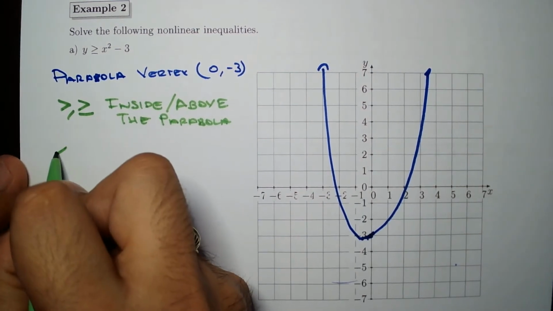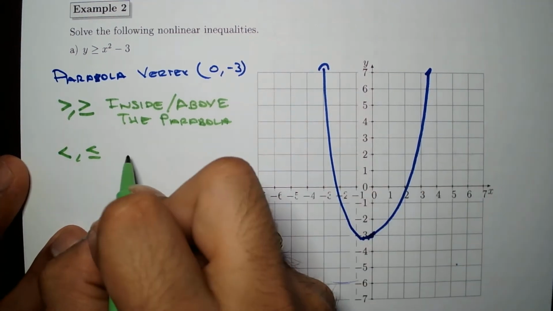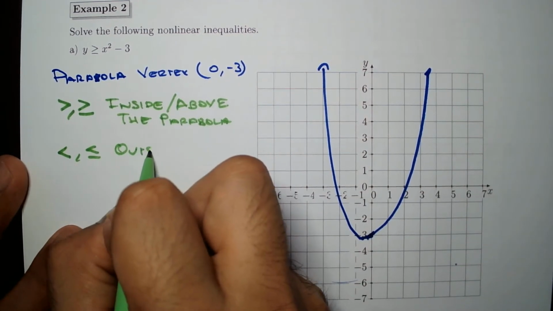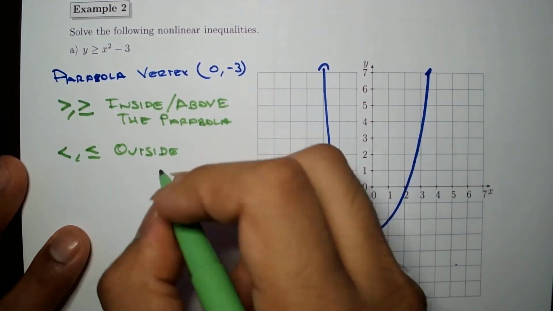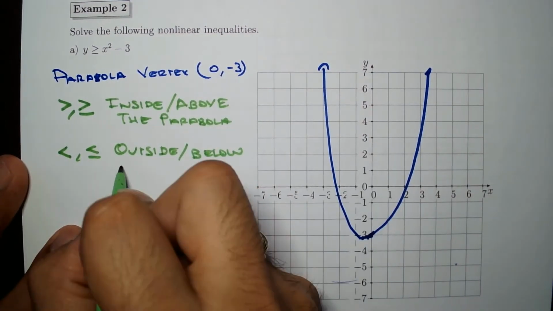And if we had it otherwise, less than or equal, that would be outside, below the parabola.